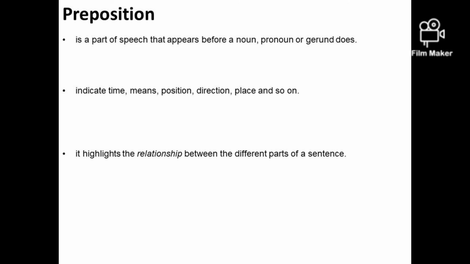Now we build on our knowledge. We get to learn about prepositions, as I promised just now.